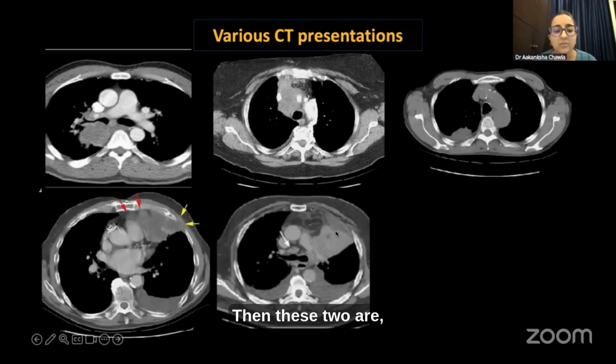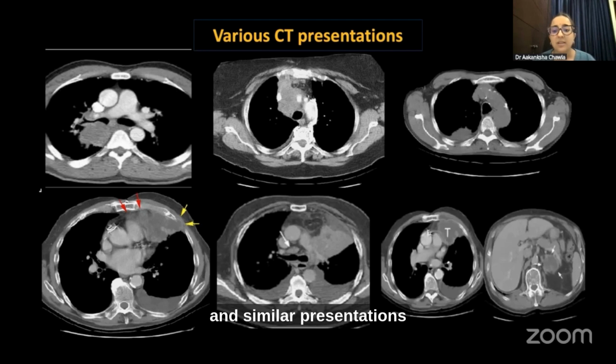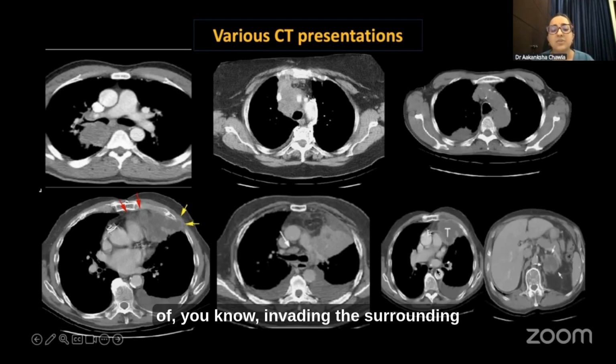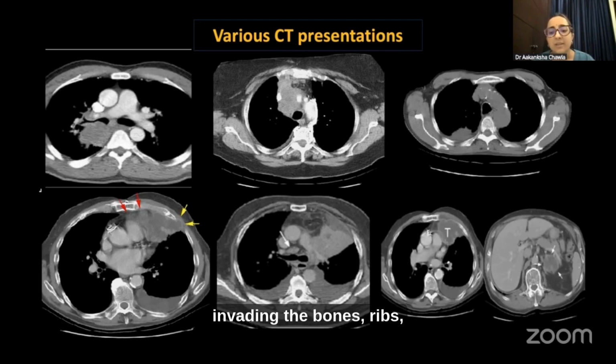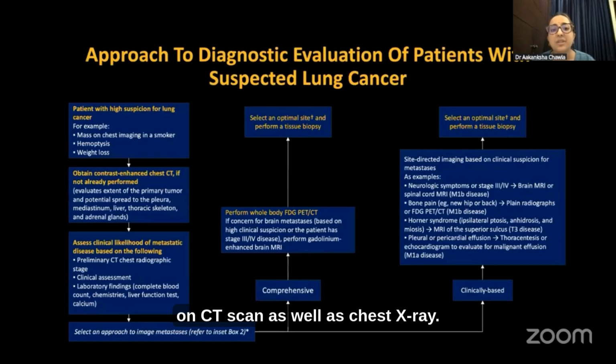Then these two are, basically, in the mediastinum, involving the mediastinal structures. And similar presentations of invading the surrounding vascular structures as well as invading the bones, ribs, spinous process. So the spine, basically. So tumors can have different presentations on CT scan as well as chest X-ray.